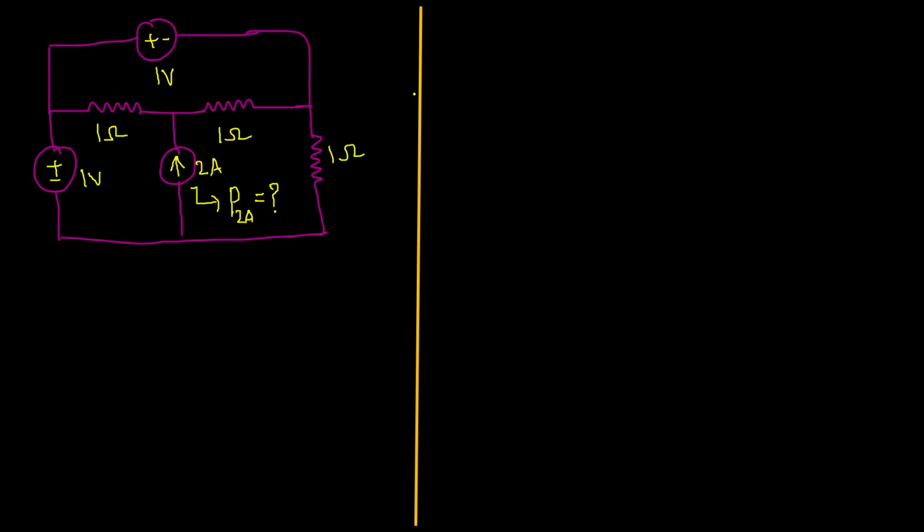Anybody got the answer? Please drop it in the comment section. Power delivered by the 2 ampere current source is dash.